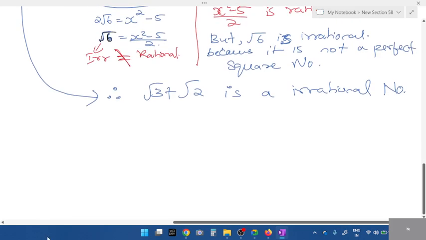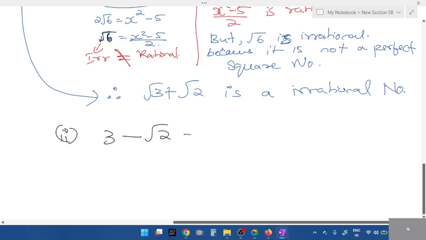This question is the second part. Second question is you have to prove root 3 minus 2 is an irrational number. So what's the first step, students? Tell me the first step.